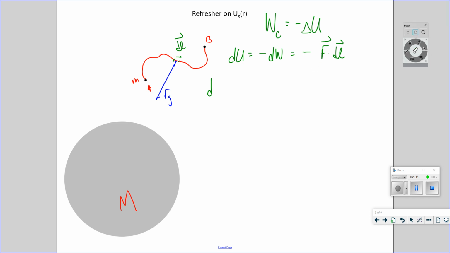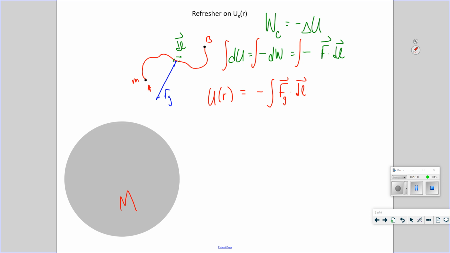Sure. And then if I want a function for u as a function of r, what I can do is integrate all of these things. And I can say that u as a function of r is negative integral of Fg dot dl, or is negative integral of G M m over r squared r hat dot dl.